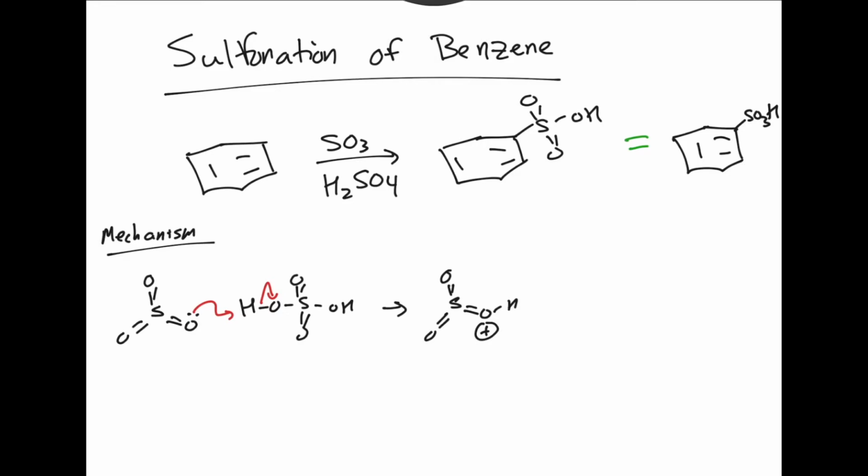Make a positive oxygen there. We make our sulfate. That's our electrophile. That's what our benzene is going to react with.